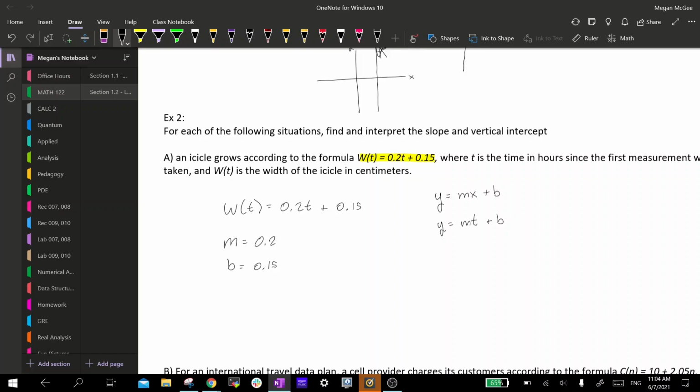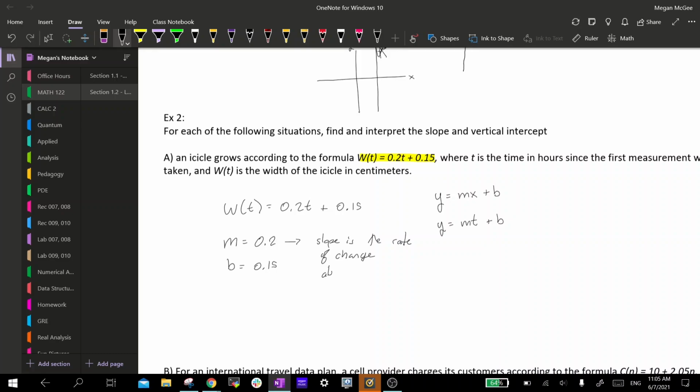Okay, so we found the intercept and the slope, but now we need to interpret them. What do these values mean in our problem here with the icicle growing? Well, earlier we discussed that slope was the rate of change.